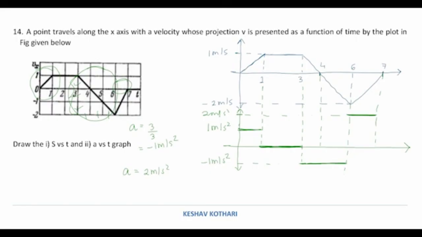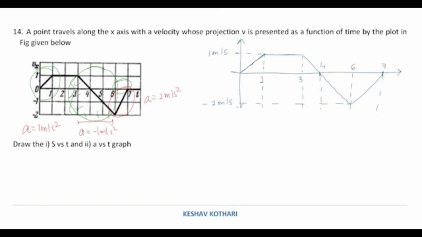In this portion acceleration is +1 meter per second square, then acceleration is 0, in this portion acceleration is -1 meter per second square, and in this portion acceleration is +2 meter per second square. So we are removing the acceleration time graph and making space for the displacement time graph.